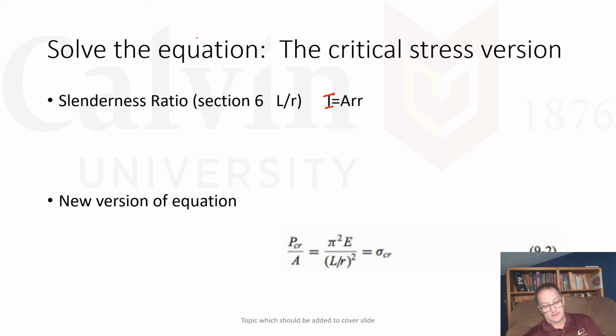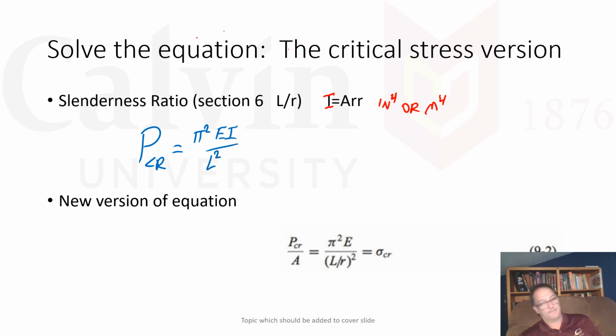If you think about the units, this still has inches to the fourth or meters to the fourth. It's still got the right units, but now I'm going to substitute. My formula had been P critical is equal to pi squared EI over L squared, right?